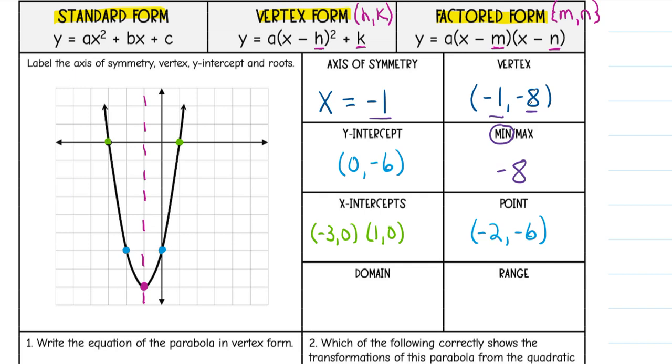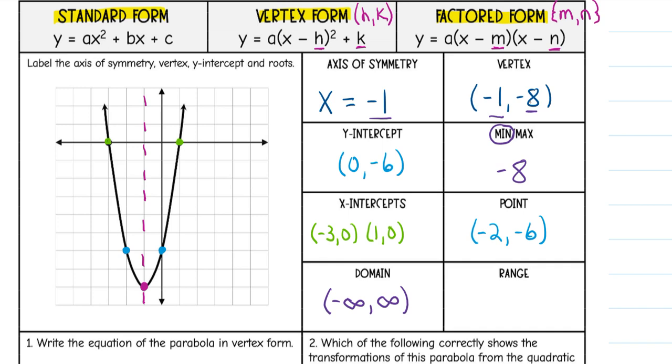All right, so now let's go ahead and identify the domain and range. We know from our previous studies that the domain of a parabola is always negative infinity to positive infinity, or all real numbers. We can put any x value into the function, but we won't be able to get a range of all real numbers. The range is going to be limited by where the vertex is.